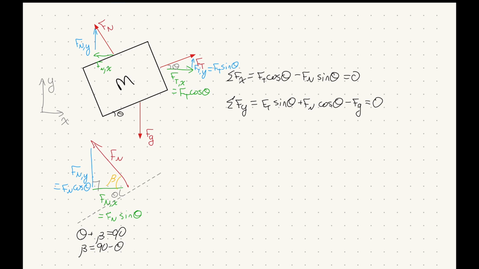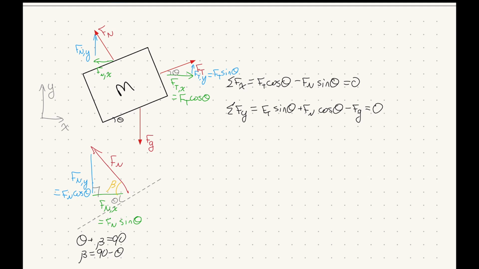Now, if we were trying to find the tension force as a function of the gravitational force, again, there's a lot more steps to actually do it. The first thing is we'll take our equilibrium equation in the x direction and rewrite it as the normal force times sine of theta is equal to our tension force cosine of theta. If we divide both sides by sine of theta, we will get the normal force is equal to our tension force cosine of theta over sine of theta.